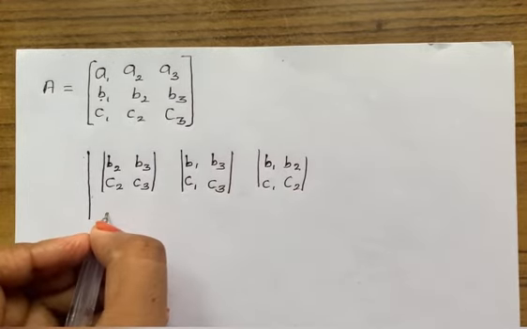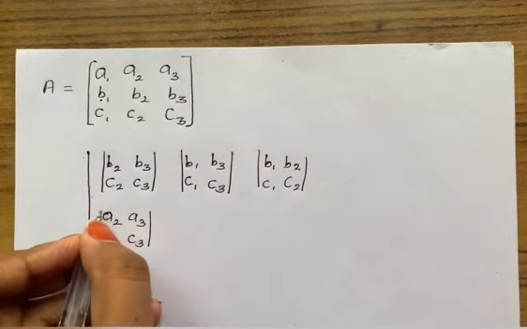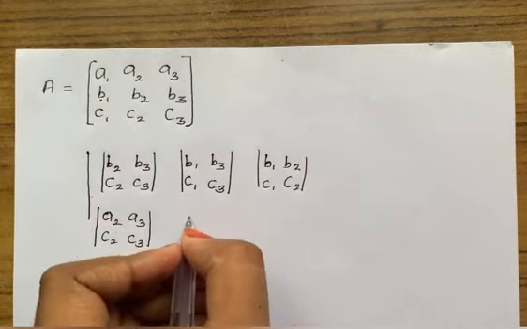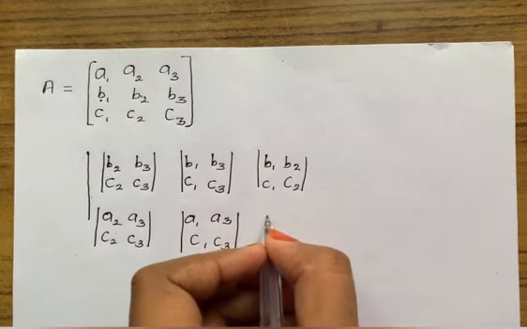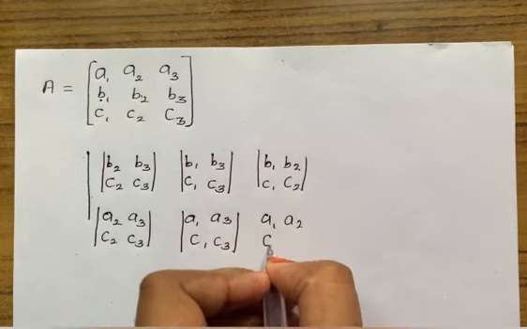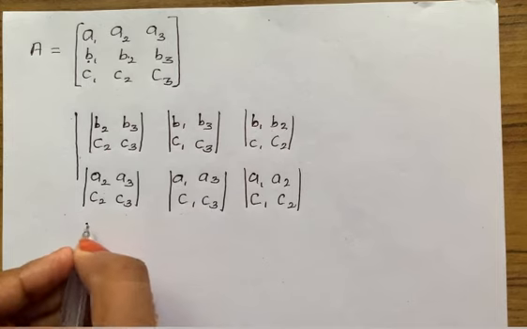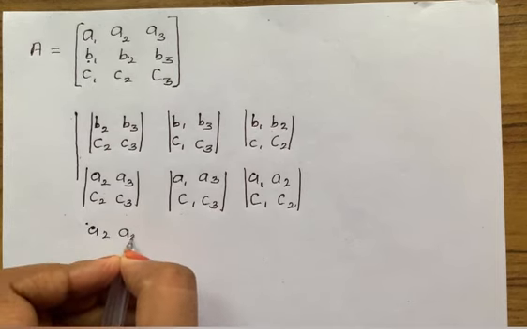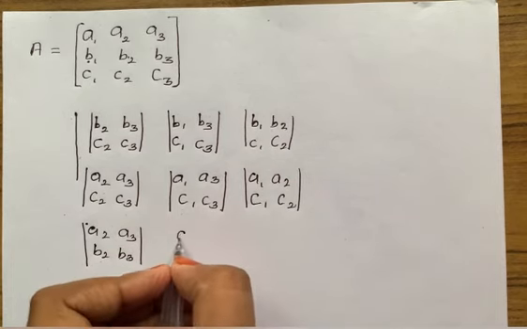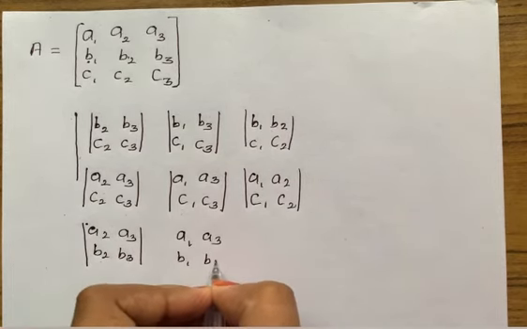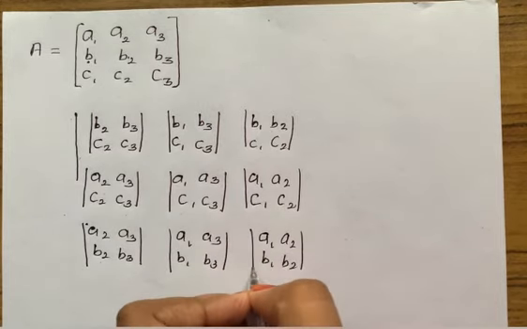For b1 that is a2 a3 and c2 c3, and for b2 it would be a1 a3 and c1 c3, and for b3 it's a1 a2 and c1 c2. For c1 it would be a2 a3 and b2 b3, and for c2 it is a1 a3 and b1 b3, and for c3 it is a1 a2 and b1 b2.